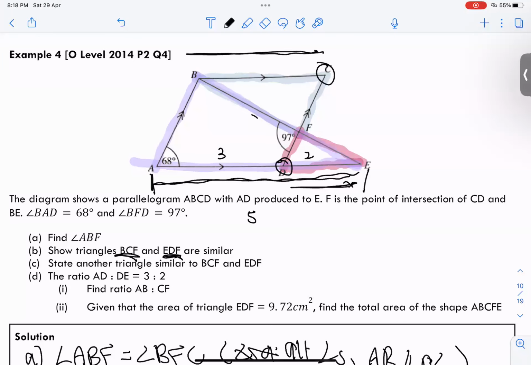And because this is a parallelogram, you know opposite sides are equal. So this is 3 also. So if you want to find the ratio of this triangle to this triangle, it's just 3 to 2. And then over here, 5 to 2.